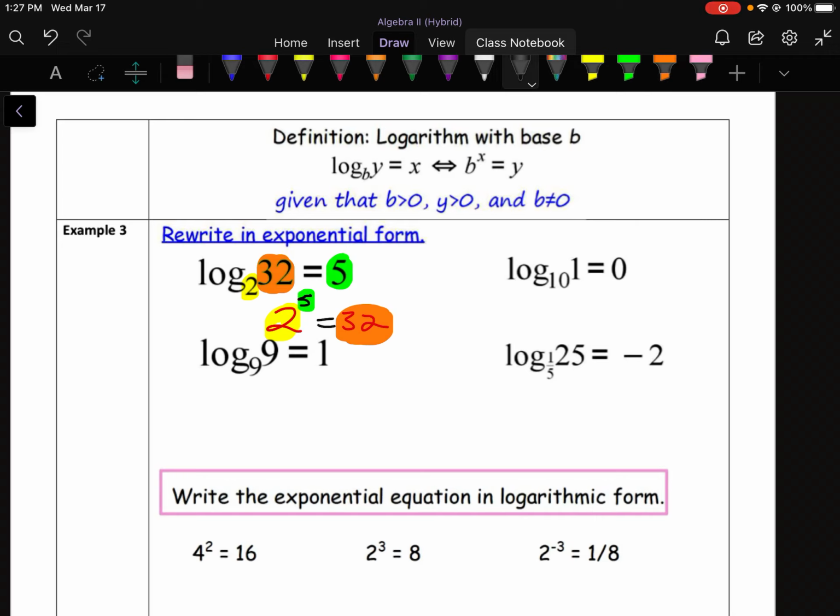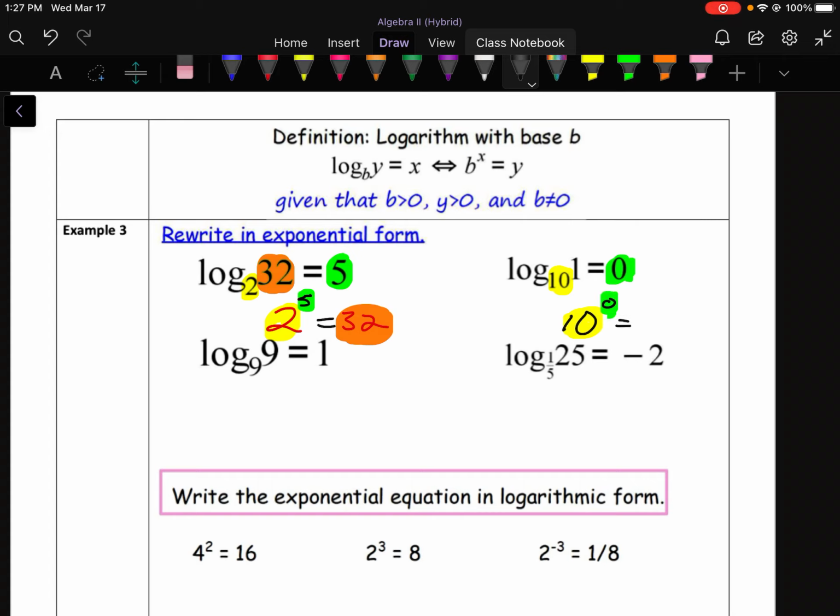So log base 10 of 1, so that's how you'd say that, equals 0. So again, to rewrite it so maybe it makes a little more sense, you start with the base of your log. That is the base of your exponential equation. Whatever it equals, that is your exponent. So we're saying 10 to the 0 power.